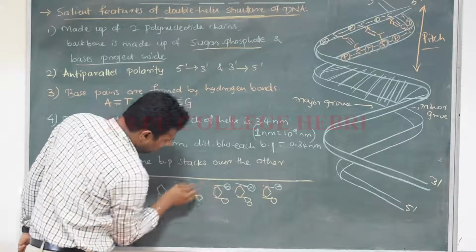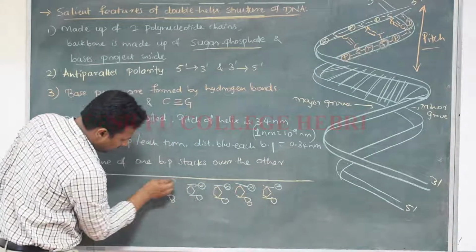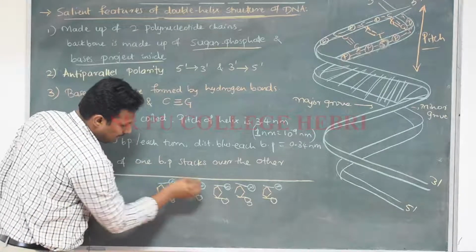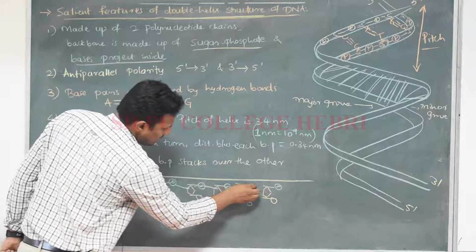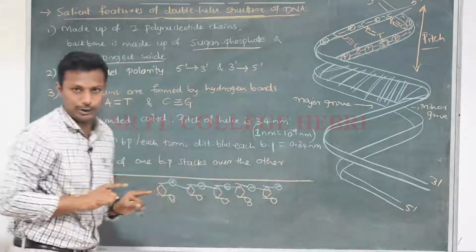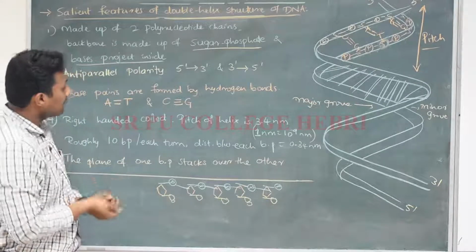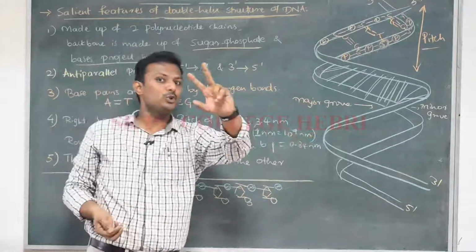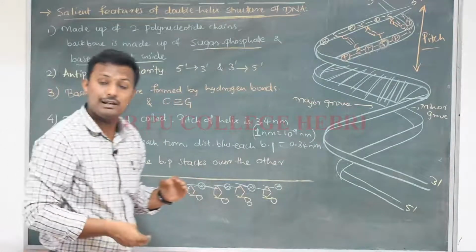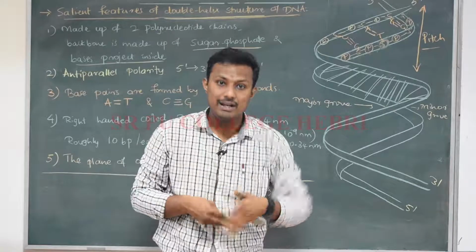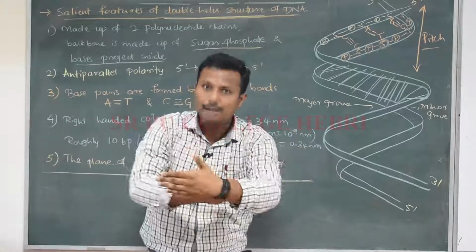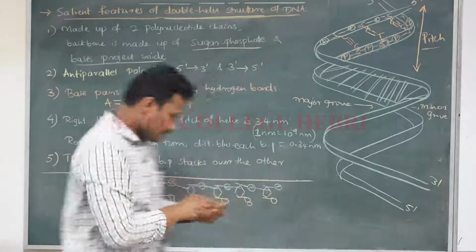Yes, all of them have the phosphate group at the fifth carbon atom, and each phosphate group is attached to the third carbon atom of the next nucleotide like this, forming the phosphodiester bond, and this is one chain of polynucleotide, as you know, right? But here in DNA there are 2 polynucleotide chains, and both of them are anti-parallel in polarity. Anti-parallel means one is running in 5 prime to 3 prime direction, the other is running parallel but in opposite direction.